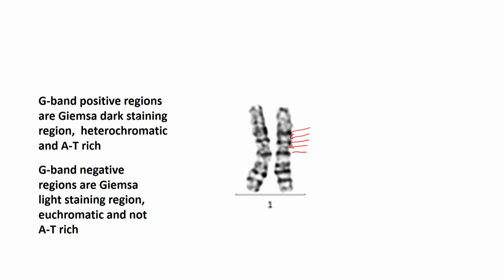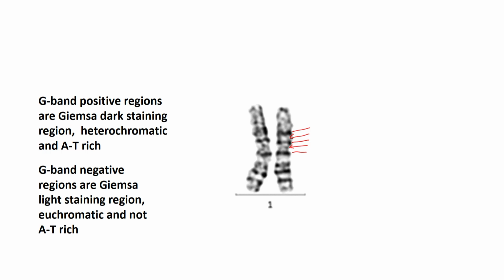So these G-band positive regions are Giemsa dark staining regions. Why are they dark? Because they are stained with Giemsa. They are heterochromatic in nature. Is there heterochromatin interspersed with the euchromatin? Yes. These regions which are light in stain are euchromatin.